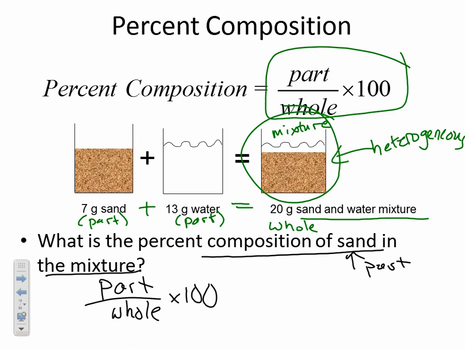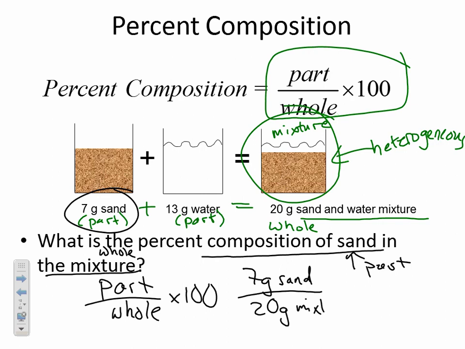So we could simply do the part, which is the 7 grams of sand, divided by the whole, which is the 20 grams of the mixture, times 100. Whatever that works out to be, that's going to be 35%.